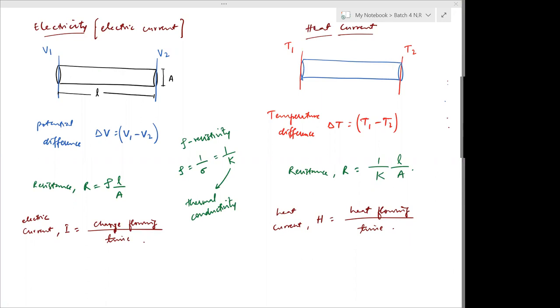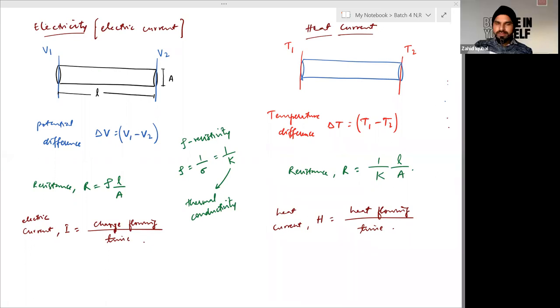So how is 1 by sigma equal to 1 by K? This rho is resistivity, which is the opposition property of this conductor, and is the reciprocal of conductivity.